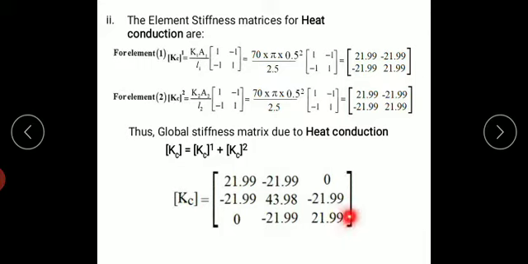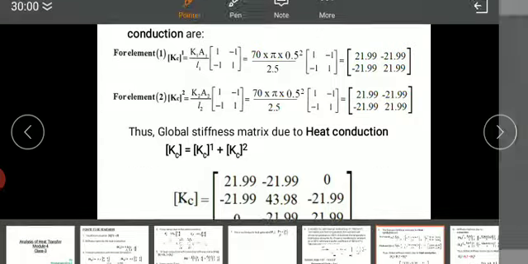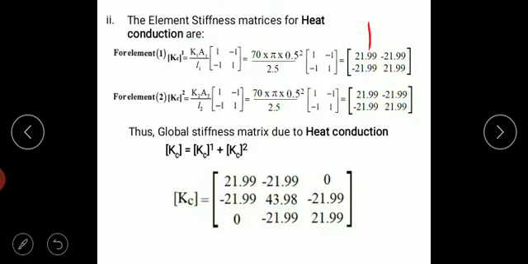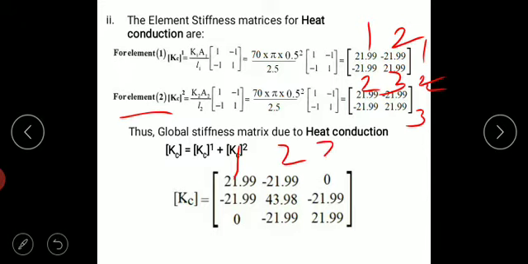So you should be very careful with this matrix addition, because for element 1, Kc1 will have nodes 1 comma 2. Okay, for element 2 it will be 2 comma 3. So when I combine into global, what happens? 1, 2, 3. So I have 3 nodes.